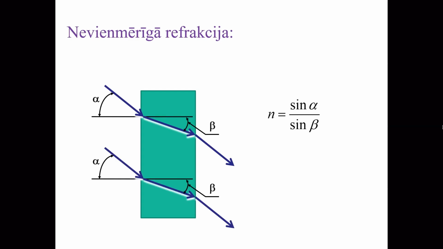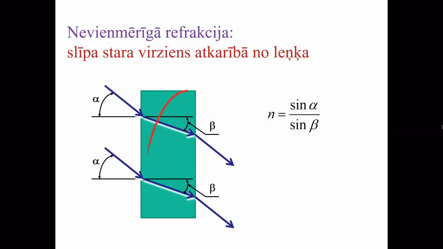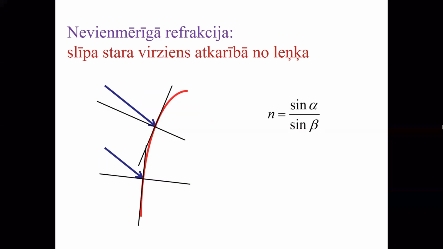So now we have the second beam that is in parallel to the first, and definitely we have the same refraction coefficient. Now, have a look. We have the lens. The picture is a little bit different.